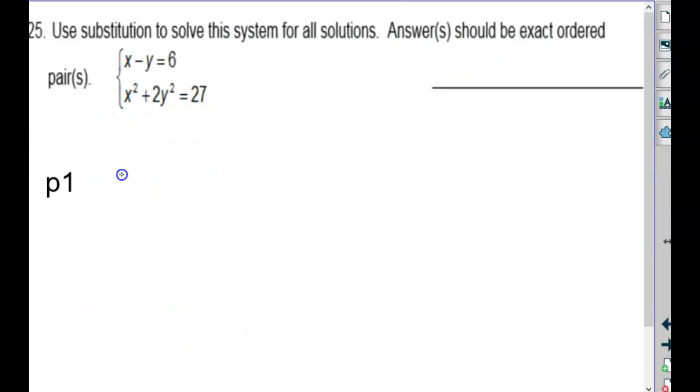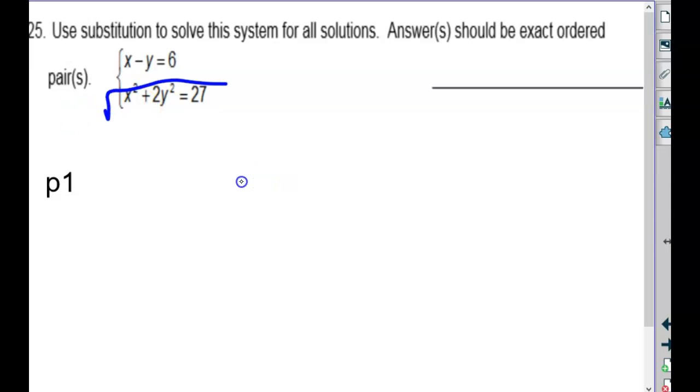All right, 25, use substitution to solve all solutions. All right, guys, we can solve this for either x or y, right? Is anyone going to be easier to substitute into the other equation? Please don't do this.